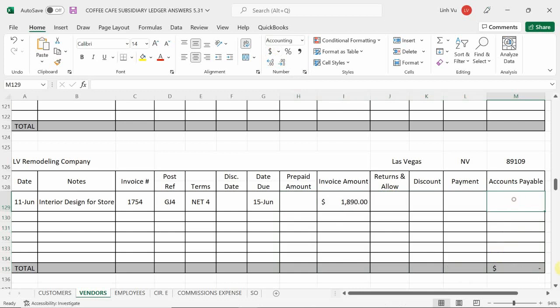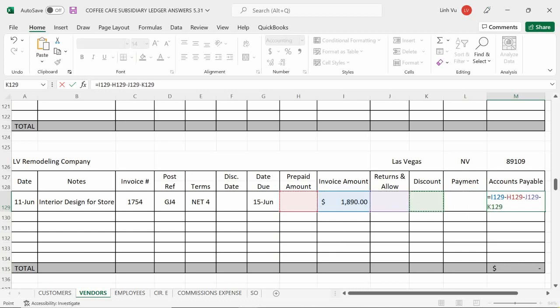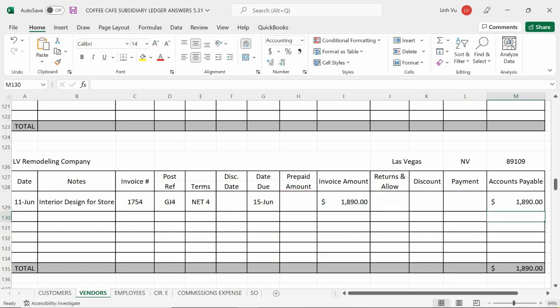So again, our formula is going to be invoice amount minus prepaid minus returns minus discounts minus payments. And there you go. My gray bottom bar has already told me that so far I owe LV Remodeling $18.90.